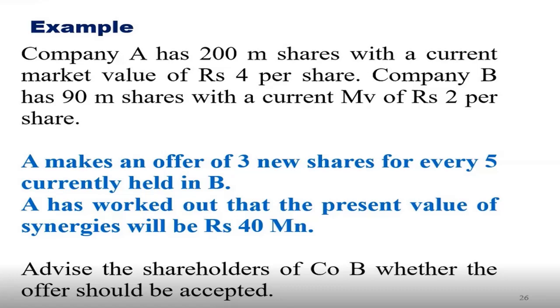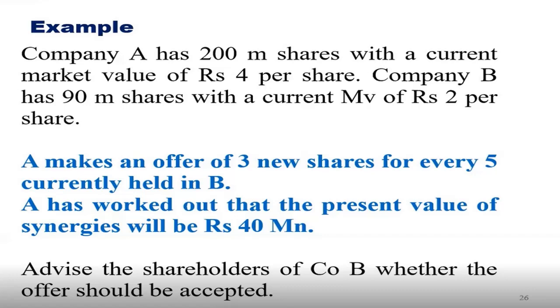How did I get 216 million? I am going to issue 54 million shares to B to take over the entire company. How did I get 54? For every 5 shares of B, I am going to give 3 shares. So for 90 million shares, I am going to issue 54. Right? Then 54 times 4, I got 216.